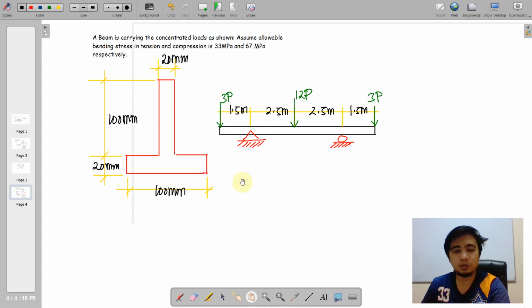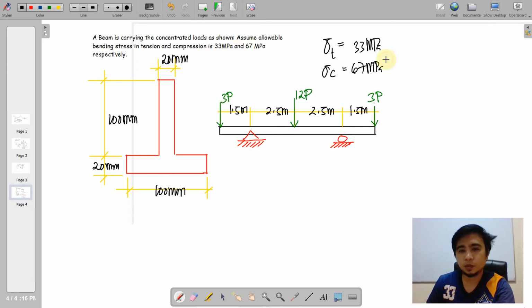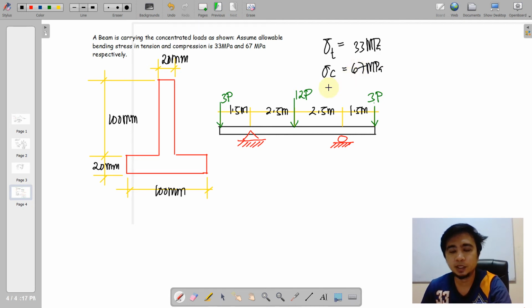So to be able to determine the value of P with this condition, where allowables are given, we have a tensile flexural stress equivalent to 33 megapascal, and the compressive bending stress is equal to 67 megapascal.